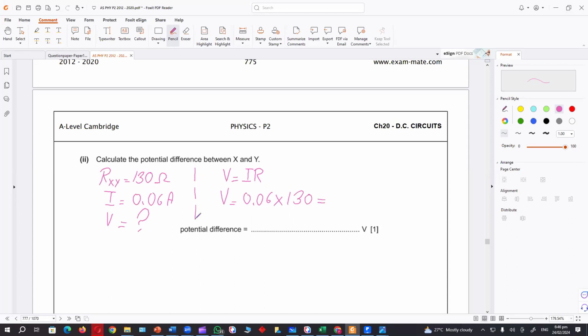Now copy this working and solve it. 7.8 volt.